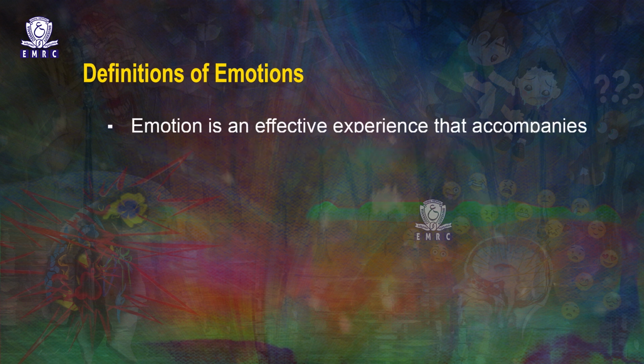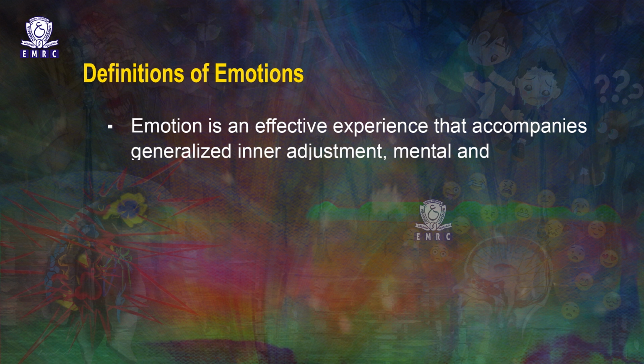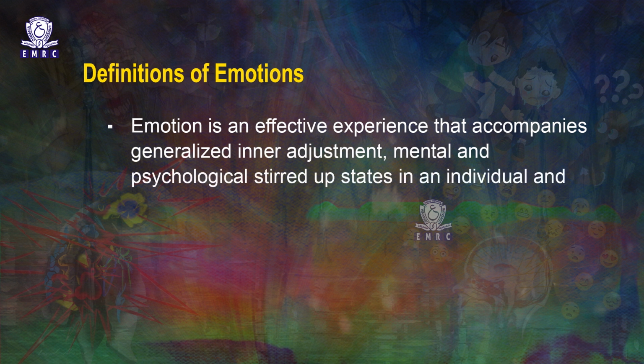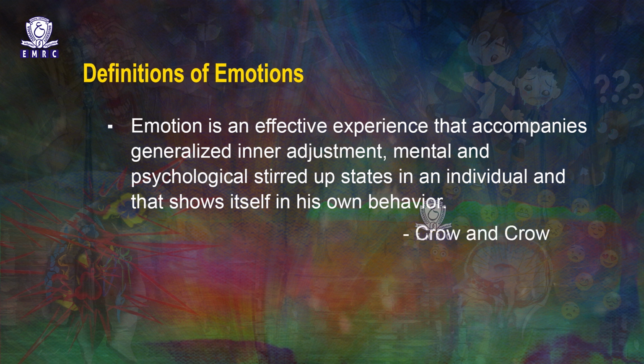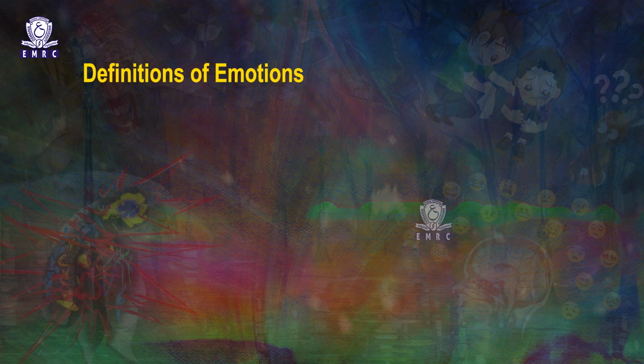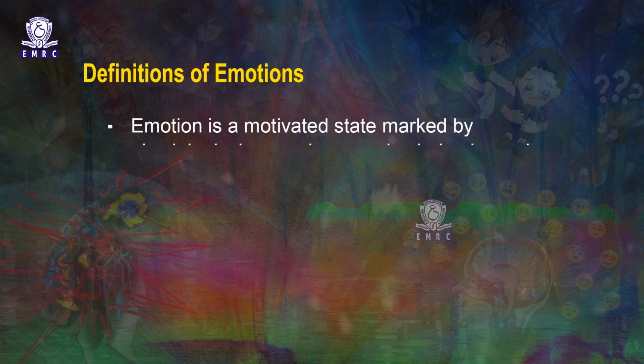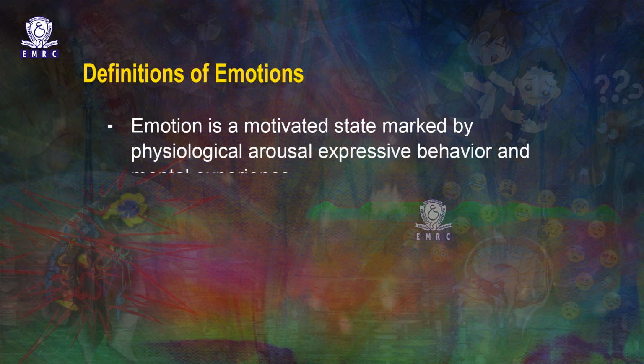According to Crow and Crow, emotion is an affective experience that accompanies generalized inner adjustment, mental and psychological stirred up states in an individual, and that shows itself in his own behavior. And according to Buck, emotion is a motivated state marked by physiological arousal, expressive behavior and mental experience.